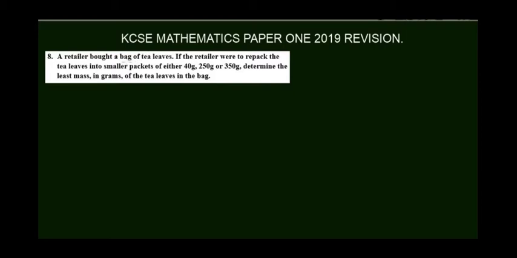So in this number, a retailer bought a bag of tea leaves. If the retailer were to repack the tea leaves into smaller packets of either 40 grams, 250 grams, or 350 grams, determine the least mass in grams of the tea leaves in the bag. So here we are required to get the LCM, the least mass.